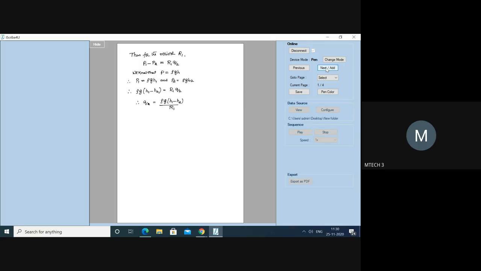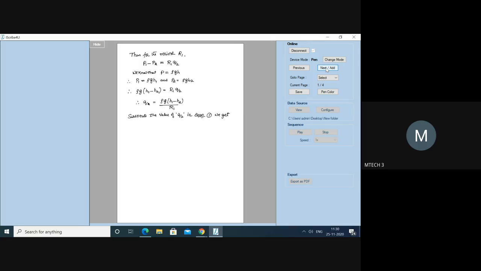Right. Substitute the value of Q2 in equation 1. What is equation 1?